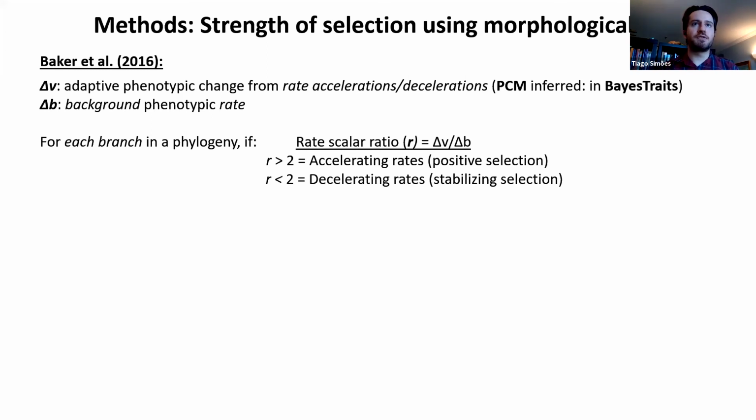They consider significantly accelerated regions of the tree to be undergoing positive selection, and regions undergoing significantly decelerated rates of evolution to be undergoing stabilizing selection, essentially constraining that particular phenotype. This has been implemented in the program BayesTraits, which assesses continuous trait evolution. But I wanted to implement that for morphological clocks, so we could also measure it for discrete characters.